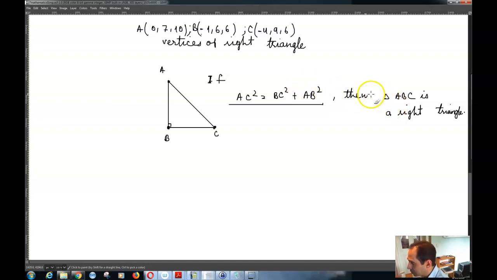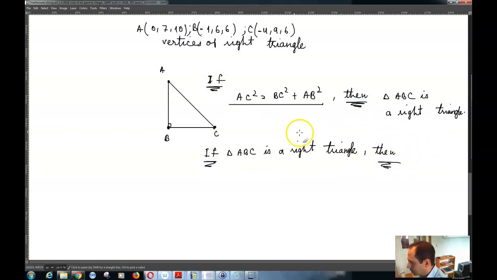For example, if triangle ABC is a right triangle, then we need to pay attention to the words if and then.